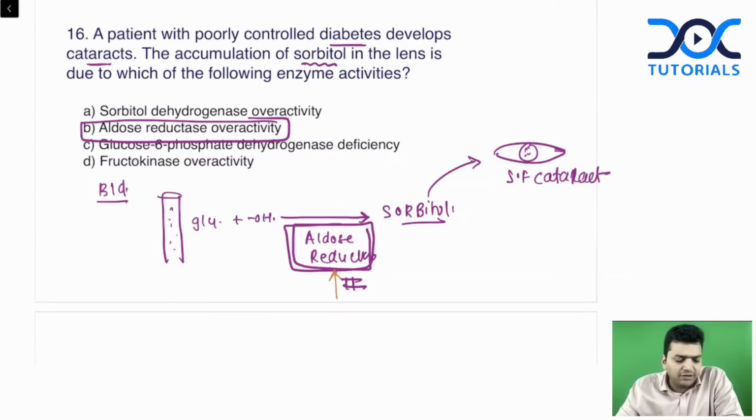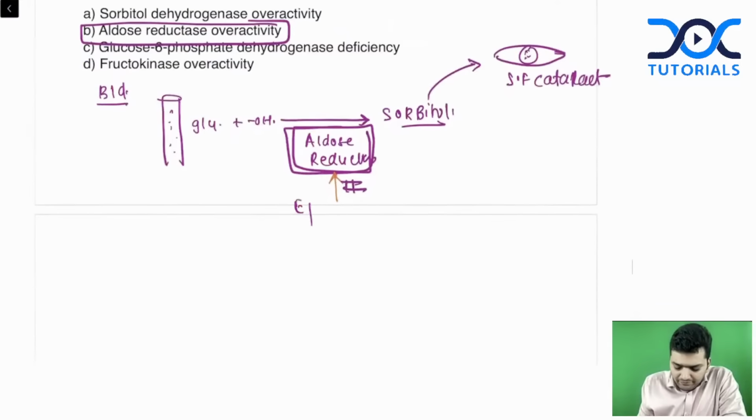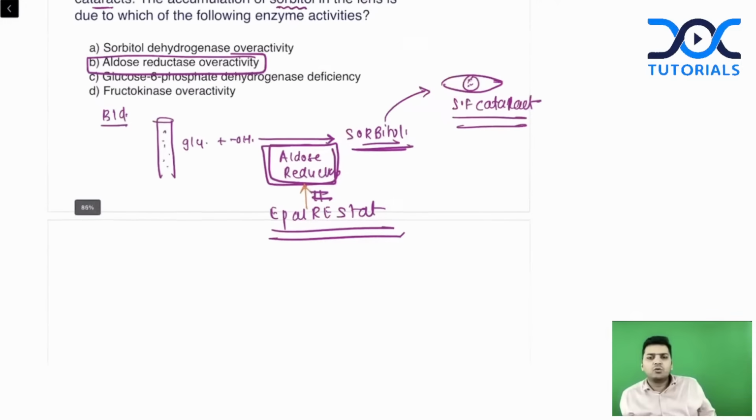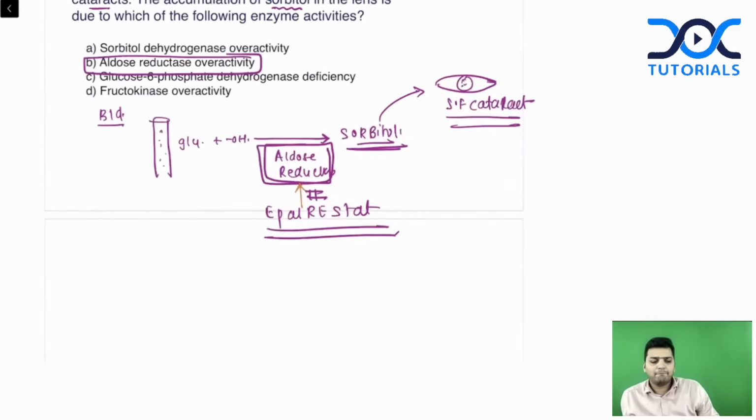What are you going to give? Can you tell me what is the aldose reductase inhibitor we have to prevent the diabetic snowflake cataract? Yes, it is epalrestat. Epalrestat is an aldose reductase inhibitor. If you give this, the sorbitol will not be made and the snowflake cataract will not occur, right?